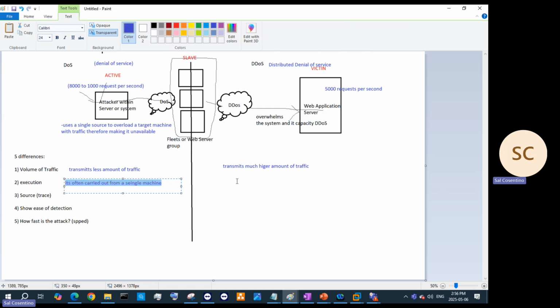Whereas in a DDoS, we could say it tries to coordinate numerous hosts that have been infected with malware, right?